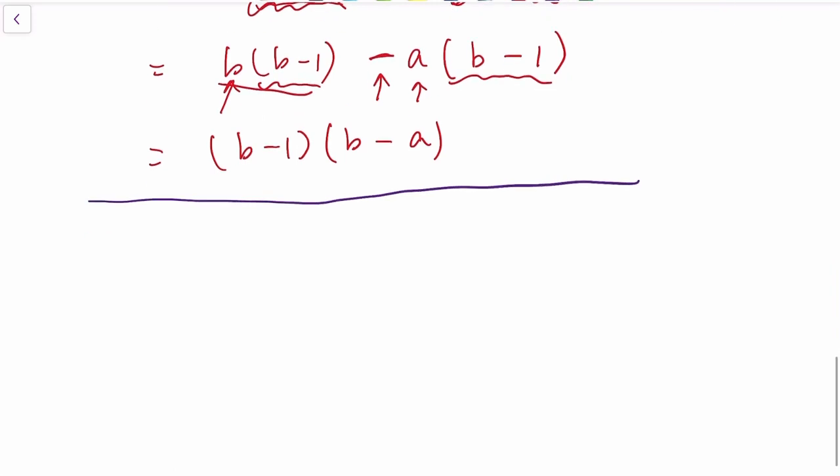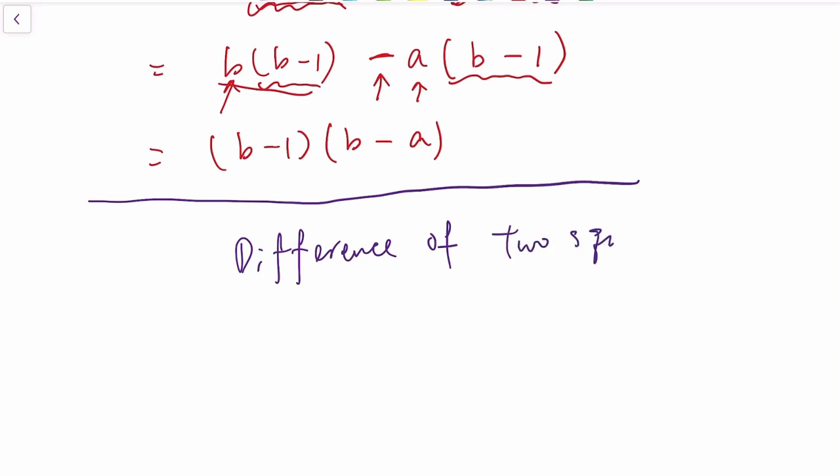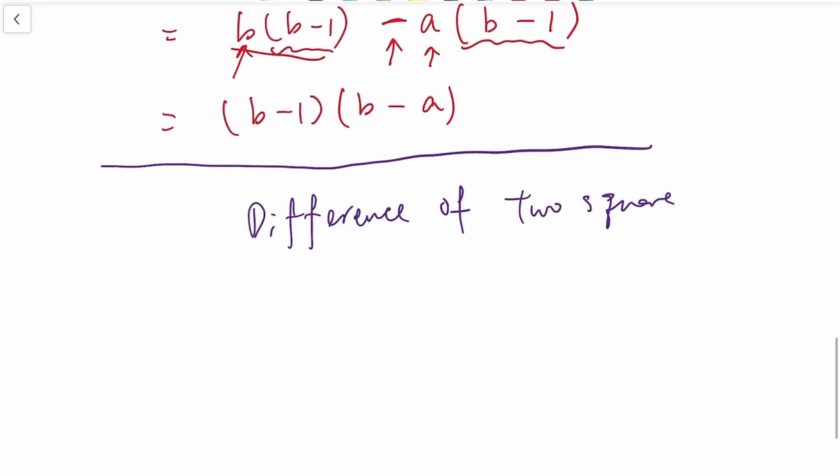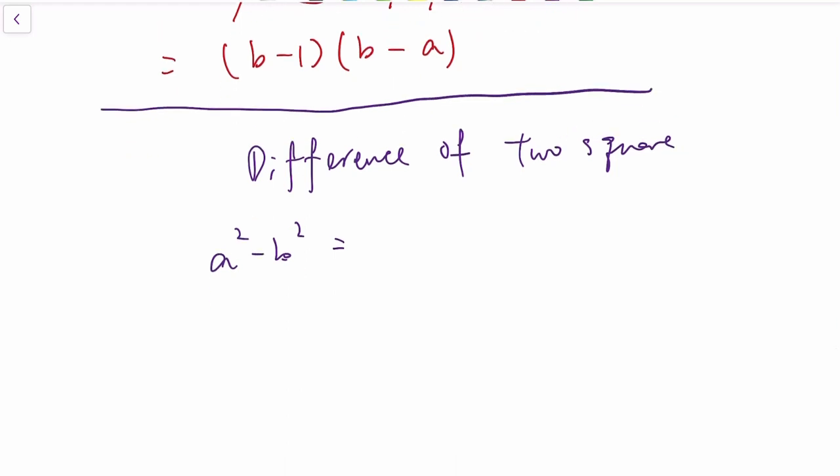Now, very lastly, a fairly important technique, probably more important than grouping, is the difference of two squares. Which is using the following identity, a squared minus b squared. It would happen that a squared minus b squared could be factorized into a plus b times a minus b.